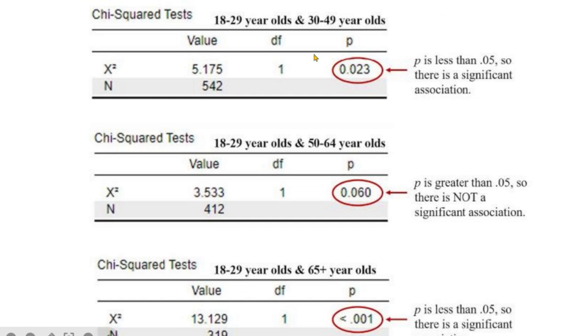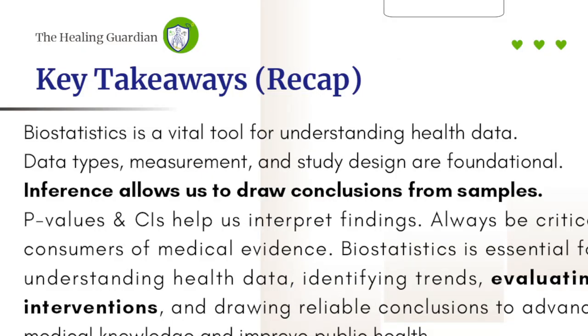You say that p is less than 0.05, so there is a significant association, sorry, because this is what we desire, something less than the significance level. But in this other example, it was greater than it. So since p is greater than 0.05, there is no significant association between the two variables. That is how we conclude.